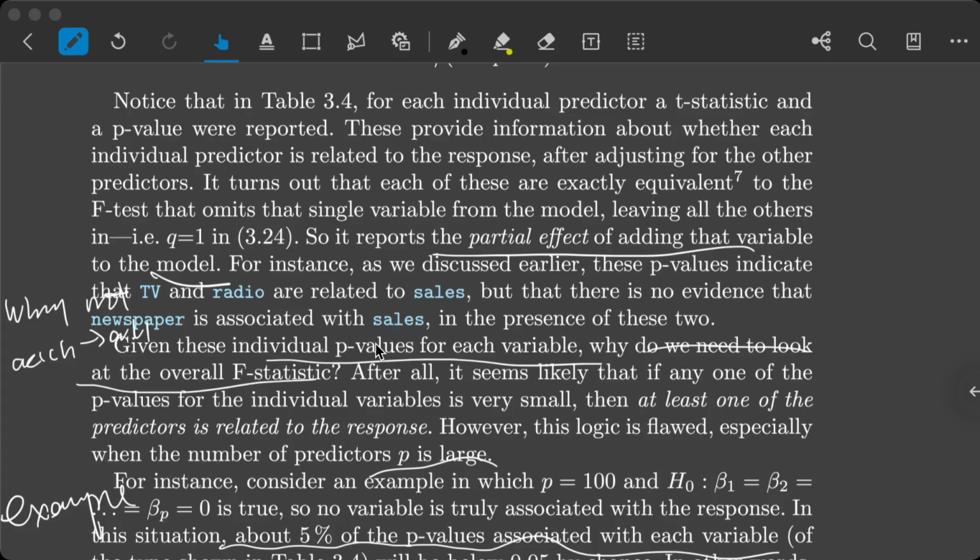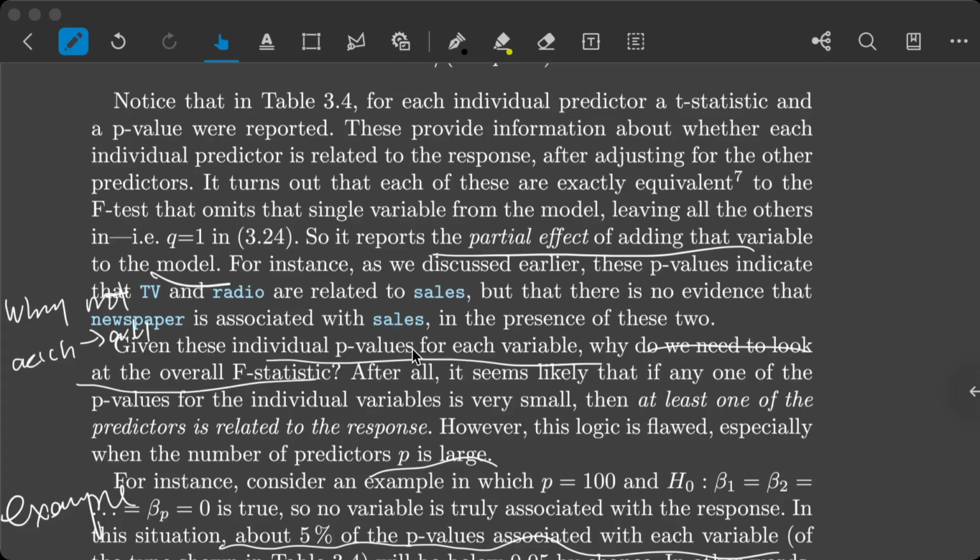So if we found that some of them are lower than 0.05, which means there is an obvious connection between this variable and the final prediction of y, can we see it in this way?